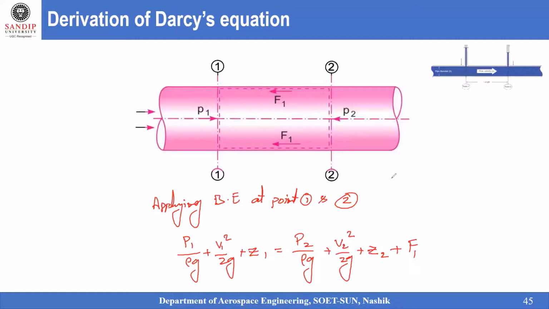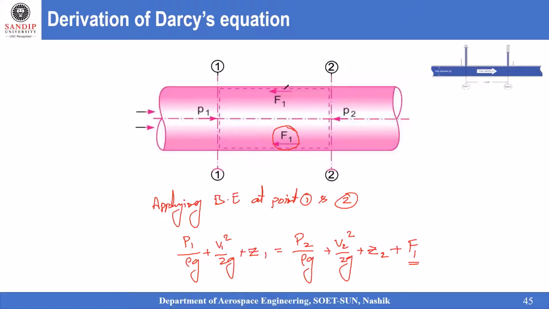Now you may have a doubt about why F1 is being added, since in the previous video lectures we did not see what F1 is. But we are introducing this F1 here because our interest is to determine the frictional resistance offered inside this pipe flow.